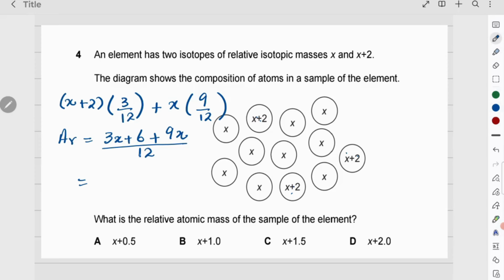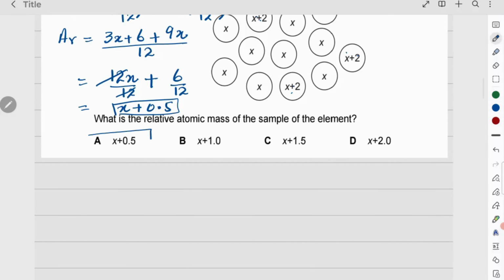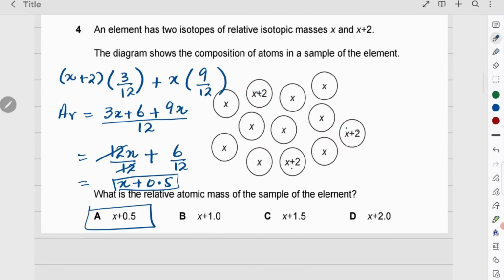If we calculate 9 plus 3, total 12x divided by 12, plus 6 divided by 12. The 12 will cancel out, and x plus 0.5 is the answer. So the correct option for this MCQ is option A.